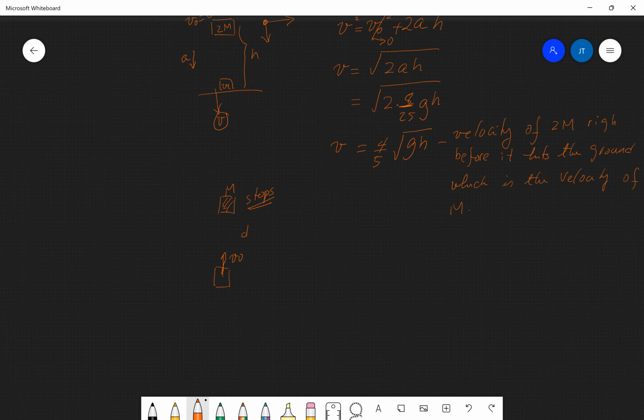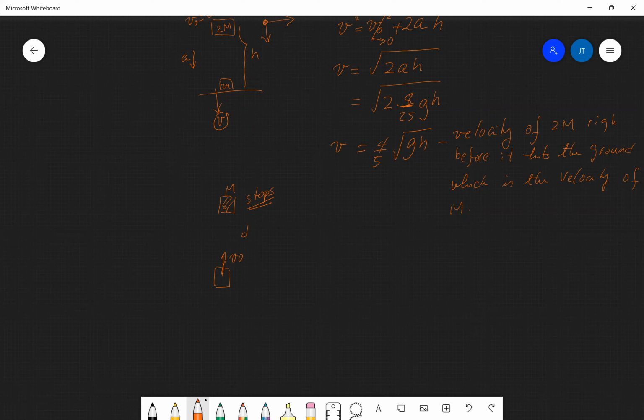And then, of course, it's going to come down, but we're not interested in the downward motion. So how do we set this problem up? We've got initial velocity, a distance d, and an acceleration down. All we want to find is d.